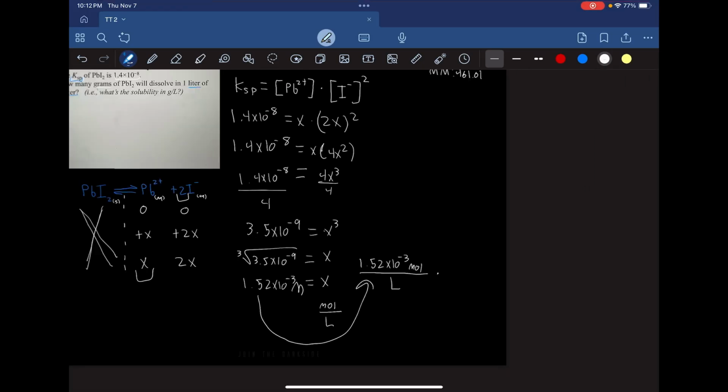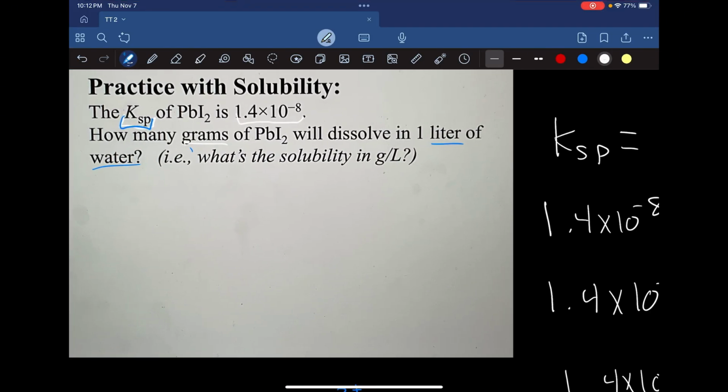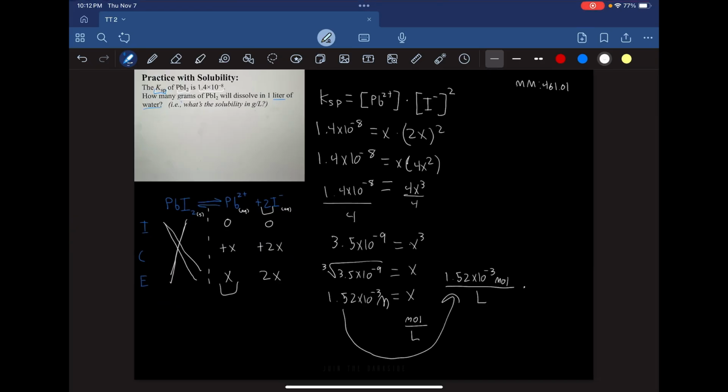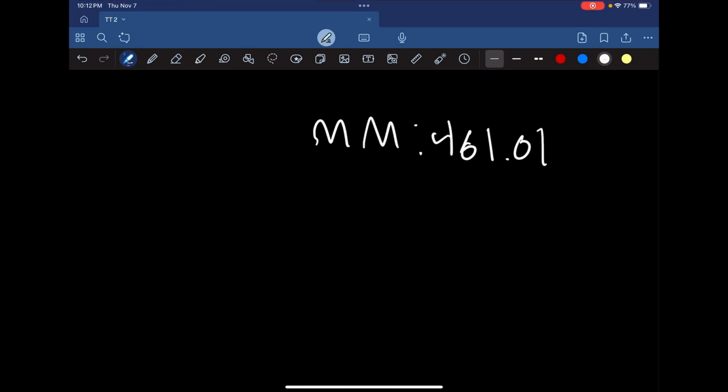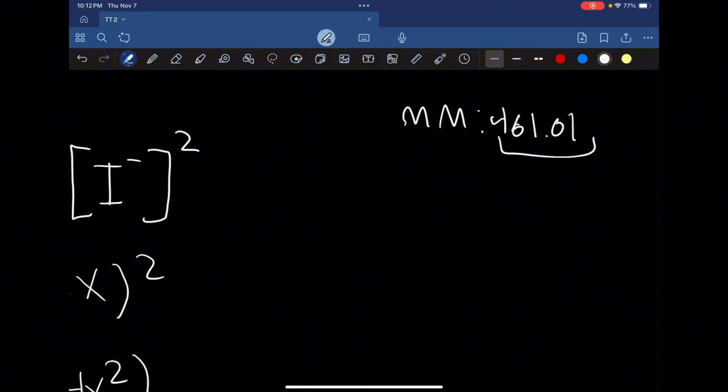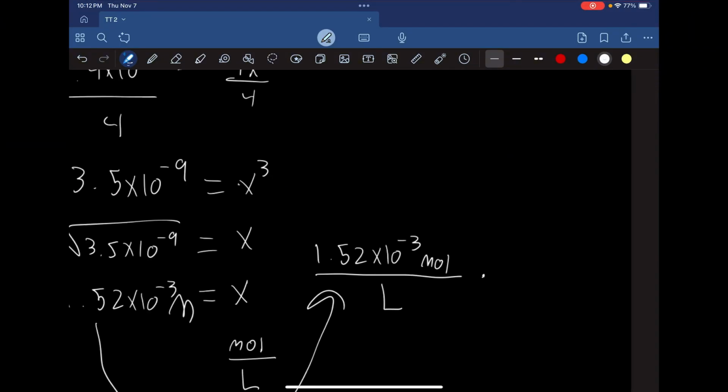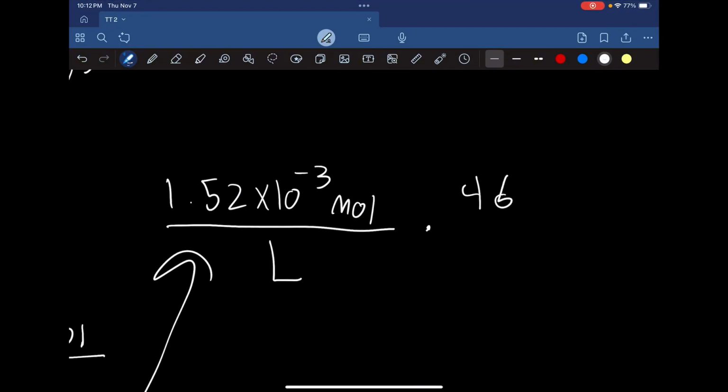And we've got to multiply by the molar mass of PbI2, which I calculated right here. Of course, you could calculate it using a periodic table. 461.01 grams per mole.